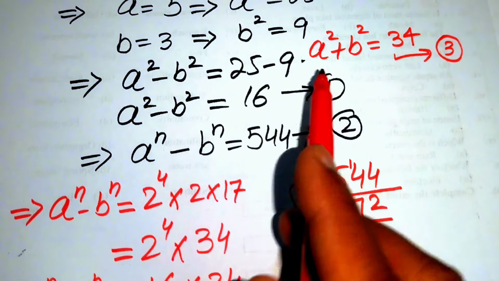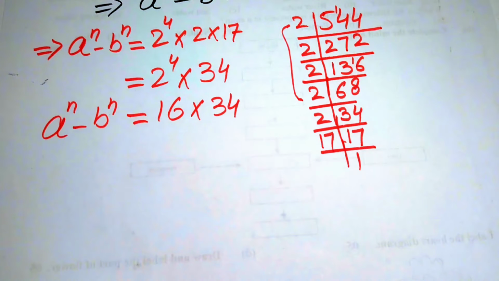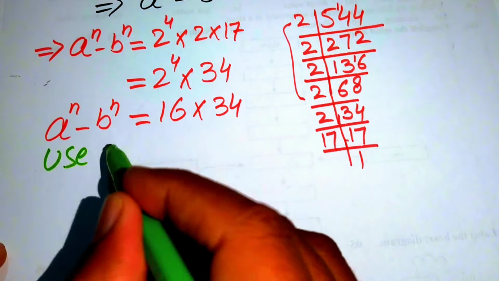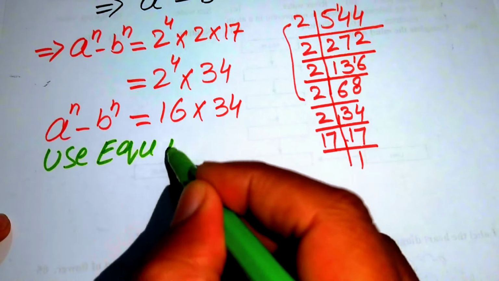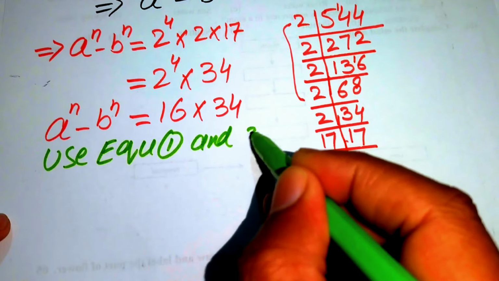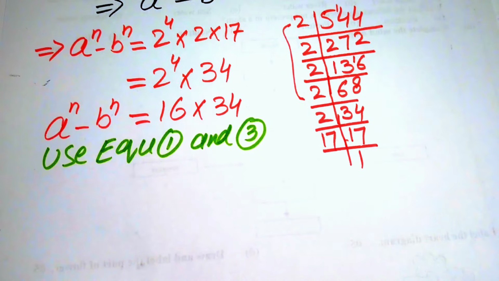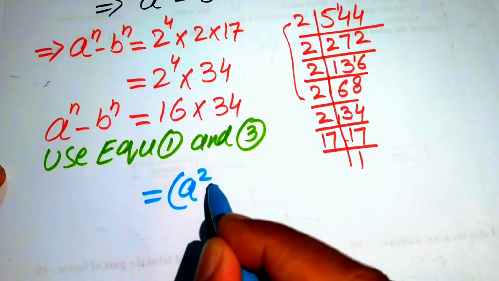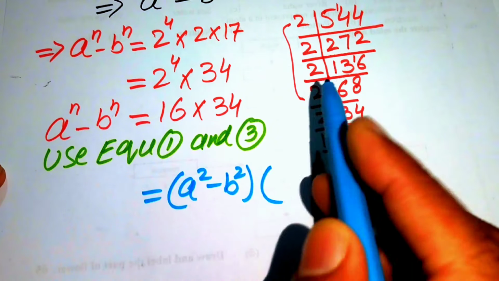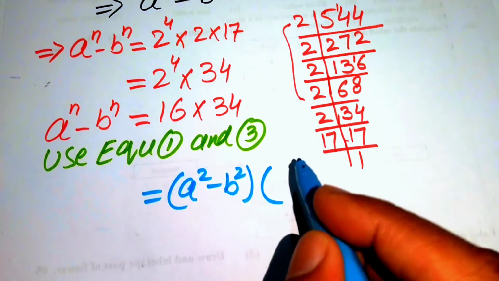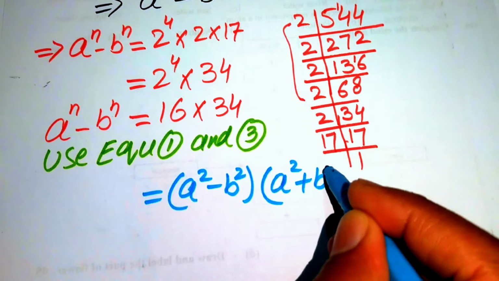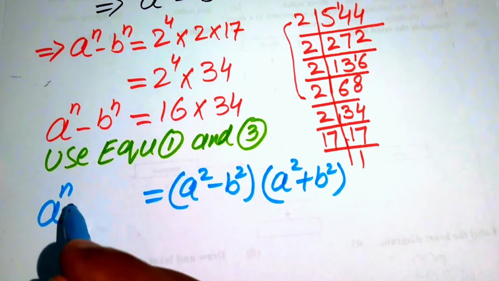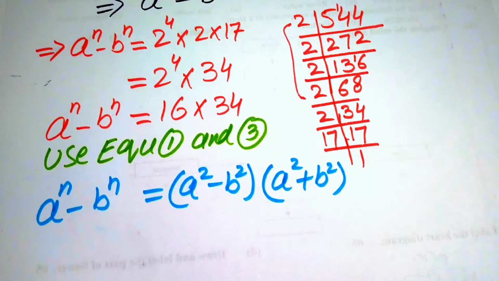We put the values of 1 and 3 in this equation, and on the left hand side we have a to the power of n minus b to the power of n.